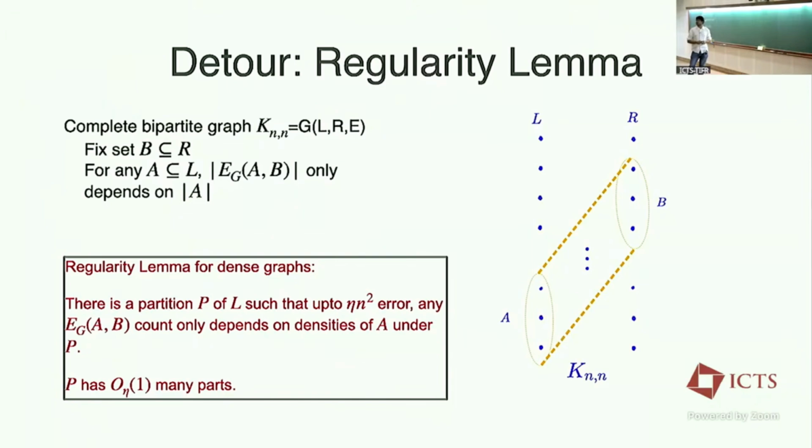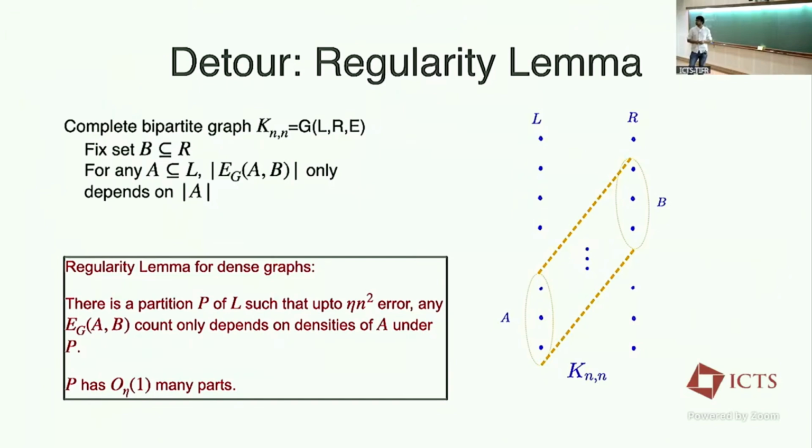So there will be some fixed partition, and it's important, the order here. The partition is fixed first, and then it works for all B. So there is a fixed partition of L such that whenever I want to look at this edge count, it only depends on what is the fraction of vertices of A in a particular part of the partition.